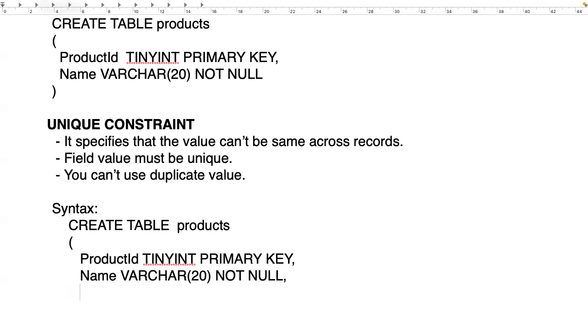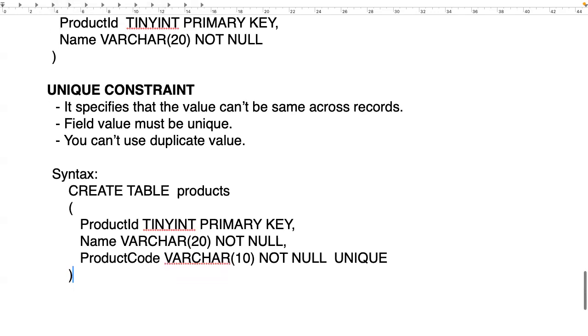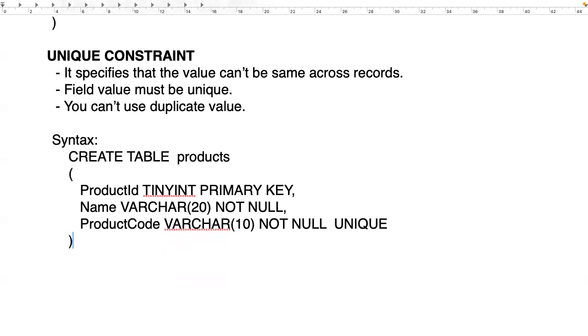So we will define some product code. Every product code can be varchar 10, but it is not null. Another one, it is what? Unique. Not null and unique. The code given for one product cannot be used for another. You can say name also unique.